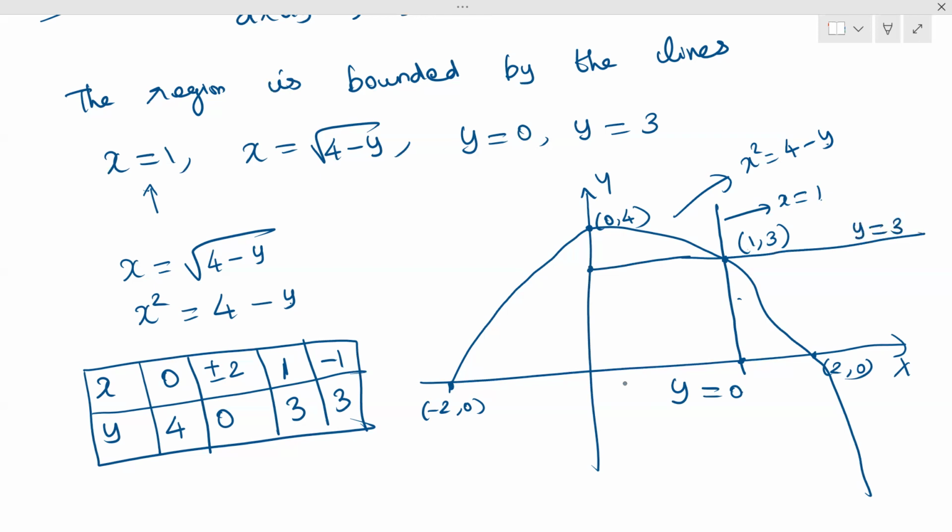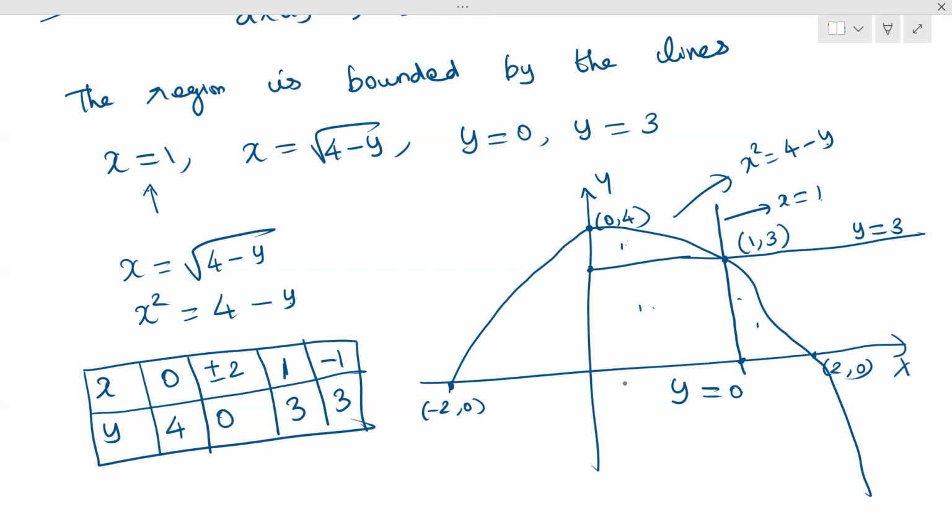the x-axis. Okay. So which part is our region? Here we are having two parts. See here, this part is bounded by the upper part bounded by the curve and y equal to 3. So this part is like a rectangle or square.